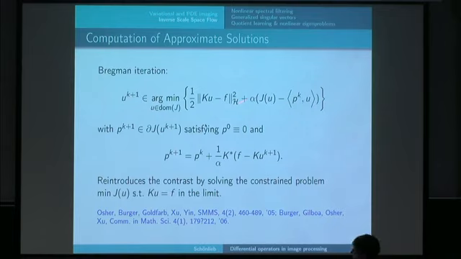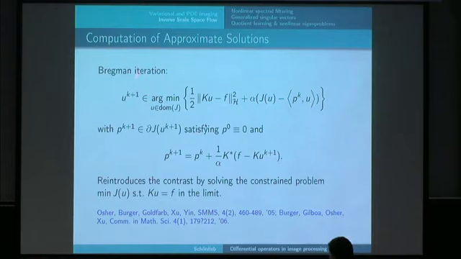So I'm starting with a discrete version of inverse scale space, which is the Bregman iteration, or more commonly called augmented Lagrangian approach to solve this constraint optimization problem. This amounts to a minimization problem like this for u_{k+1}.